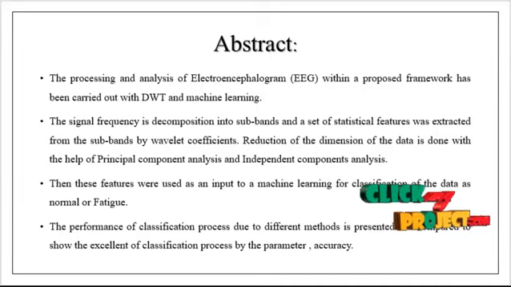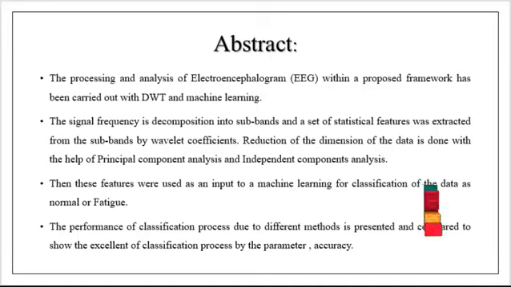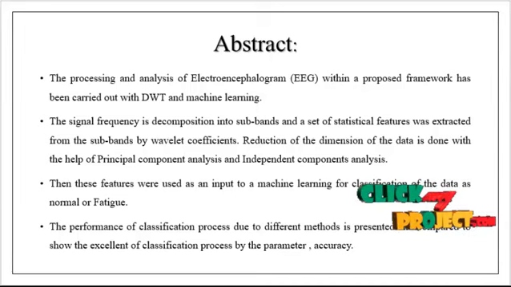After the classification, the performance of the classification process is evaluated by different methods, presented and compared to show the excellence of the classification by the parameter called accuracy. If the accuracy is high, the classification rate is high and the efficiency of the process is also high.